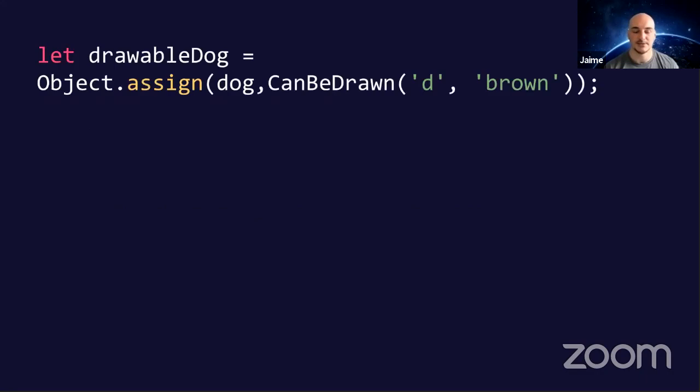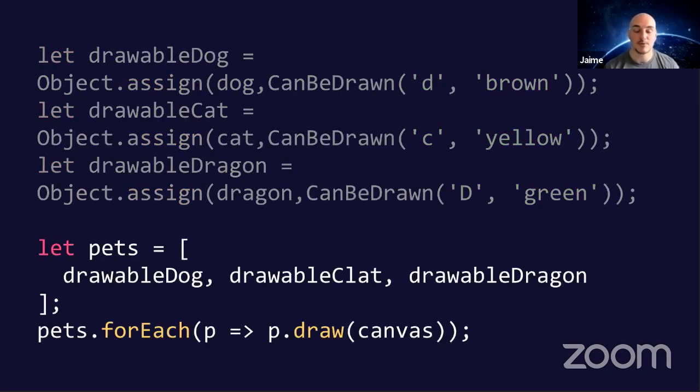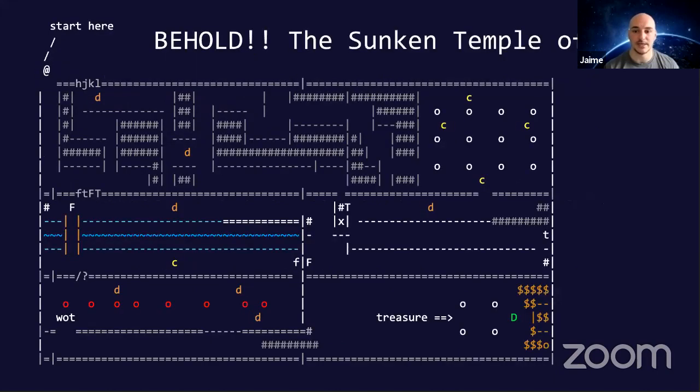And now we're actually doing it in implementation, in code. We basically combine, we make the dog be drawn with a D letter and brown. The cat's going to be C and yellow. The dragon is going to be D and green. We put it in an array and we draw it on the canvas. And this is what we get as a result. Look at that. Behold the sunken temple of doom with mixins.